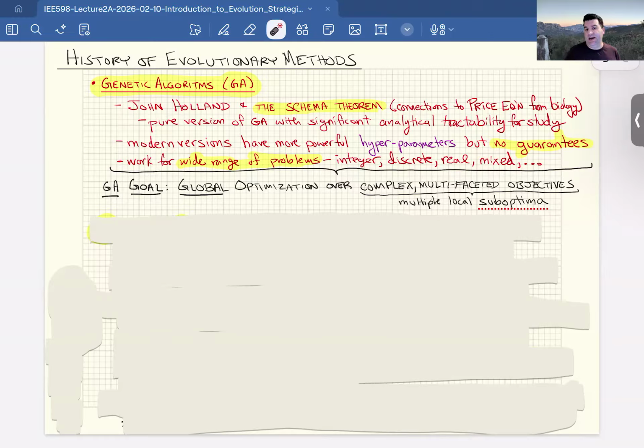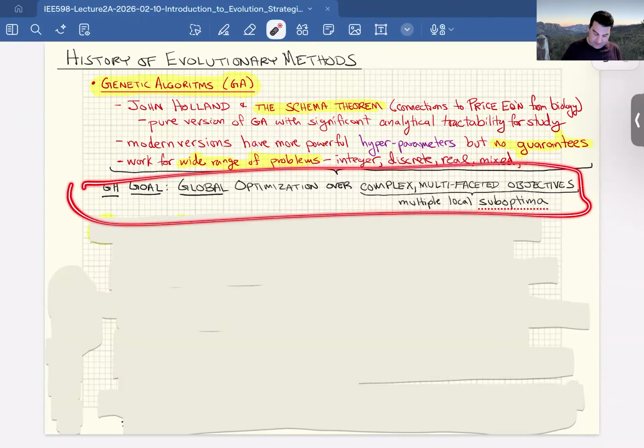And so that's what we got out of the GA, a nice global optimizer that works for a general set of complex multifaceted objectives. It started out with theoretical guarantees, and now we have modern versions which have more empirically demonstrated performance on this wide range of problems.